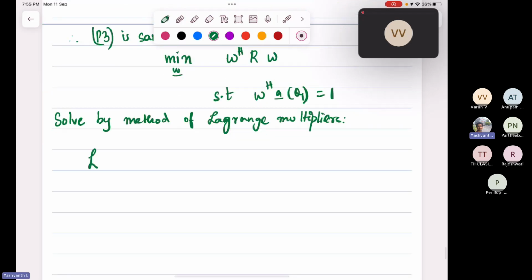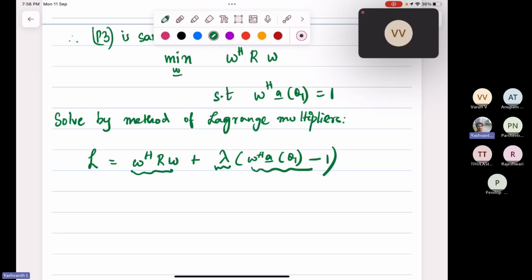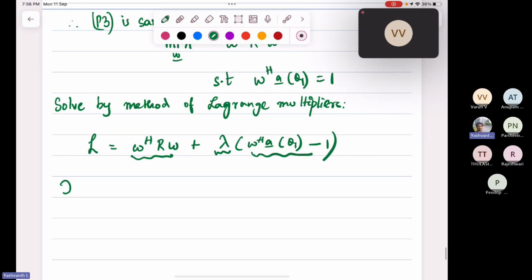That is L equal to W Hermitian RW plus lambda times W Hermitian A of theta 1 minus 1. W is the objective function, this is your Lagrange parameter, and this is your constraint minus 1. Right? So now what should we do? We need to differentiate this with respect to W.